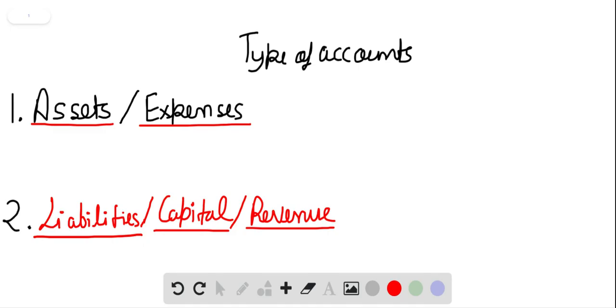Now let's come to the type of balances. So, default balance I'm going to write.